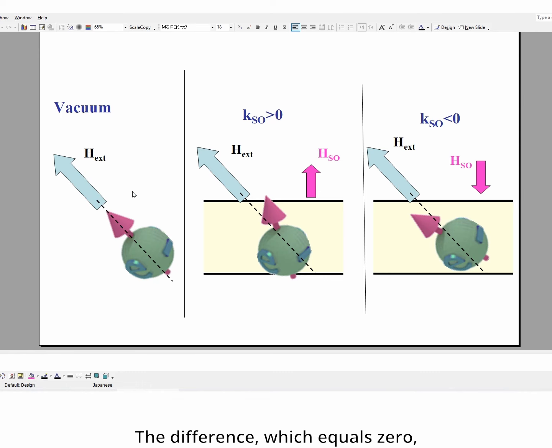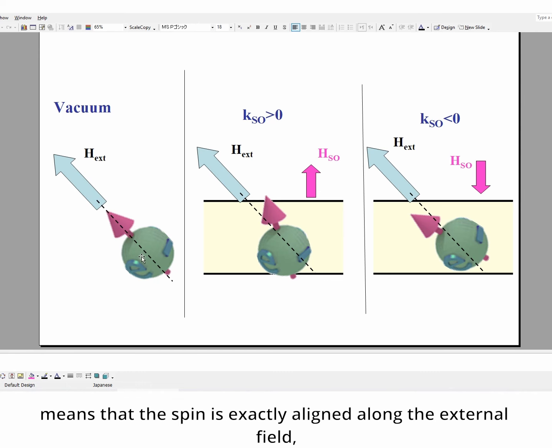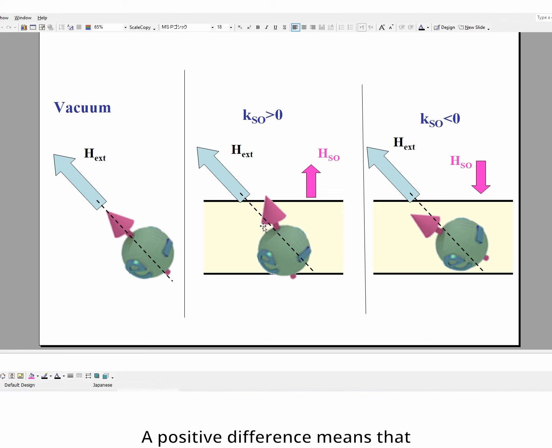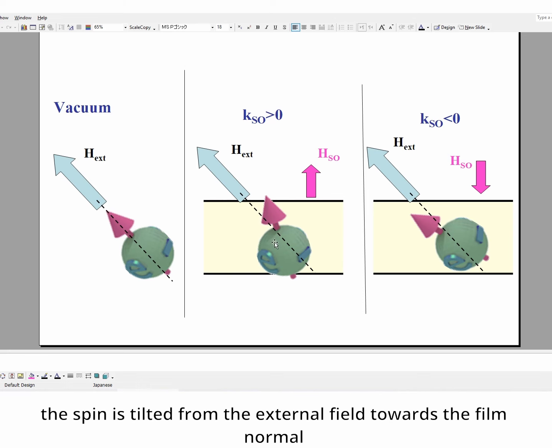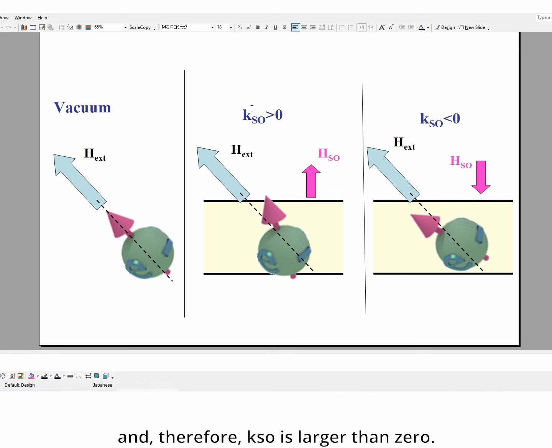A difference equal to 0 means the spin is exactly aligned along the external field. A positive difference means that the spin is tilted from the external field towards the film normal, and therefore the coefficient of spin-orbit interaction is larger than 0.